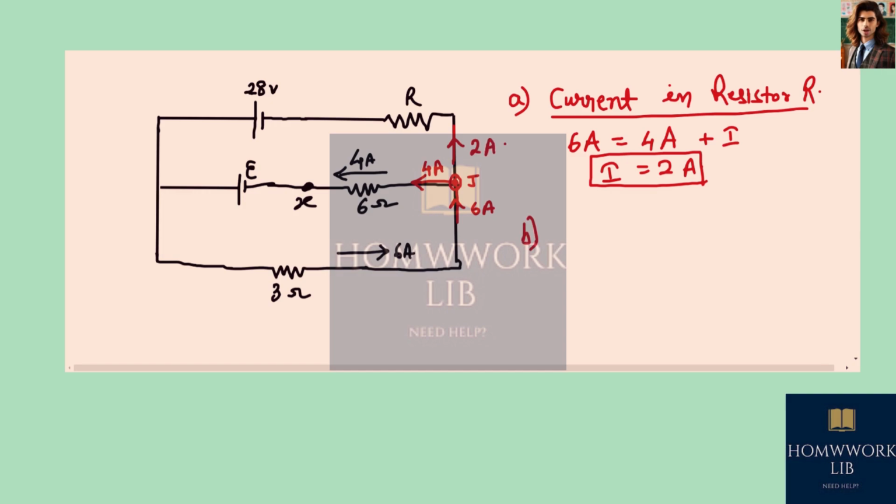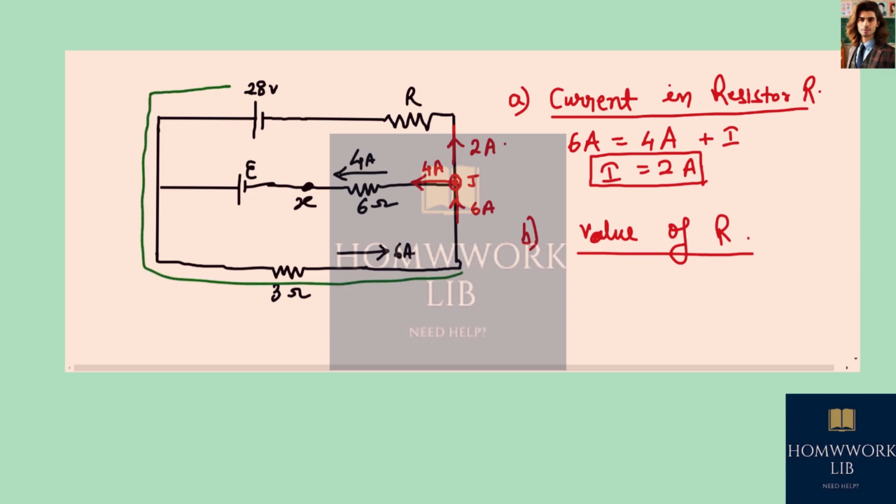Part B, what we have to identify here is the value of this unknown resistor R. So value of R. To find this, we can just apply Kirchhoff's voltage law in any loop. So let us say here we have all the information in this outer loop.